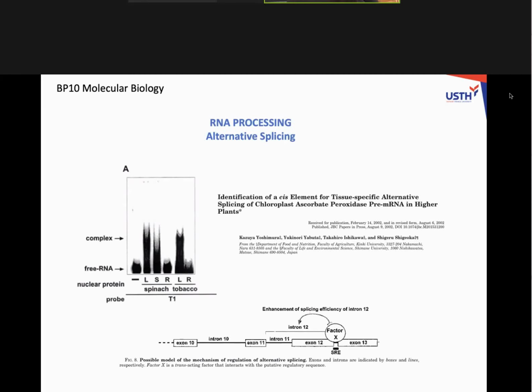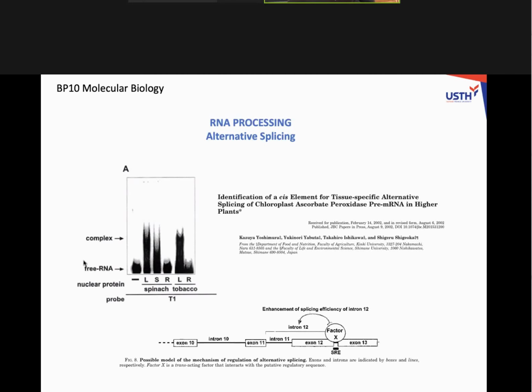So this is the real experiment. We are going to come back to this type of experiment later on for promoter studies. What they did is, are you familiar with the technology of electromobility shift assay? EMSA, gel shift.